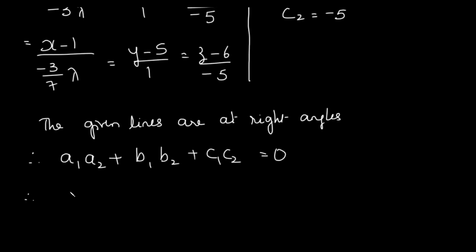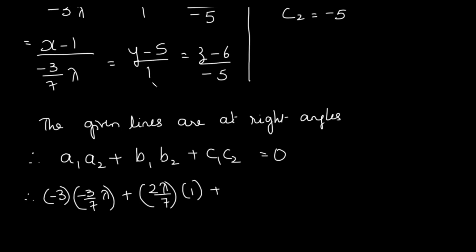So therefore, in the first case, the values of A1, B1 and C1 were minus 3 for A1, and then A2 from here we get minus 3 upon 7 lambda, plus B1 was 2 lambda upon 7 and B2 is 1 from here, and C1 was 2 and C2 is minus 5.